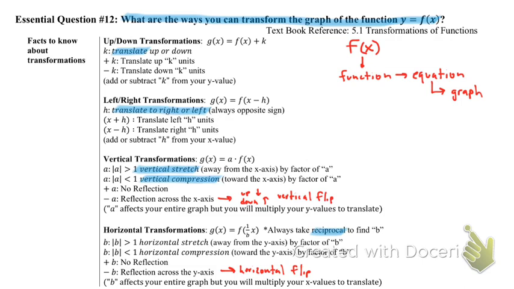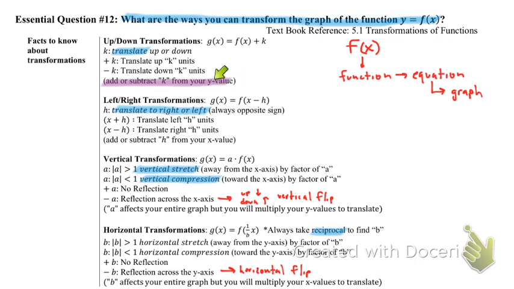So now that I kind of just went over briefly what k, h, a, and b do, how do we use it mathematically? So what I'm going to highlight in purple is how we use it mathematically. The k value will add or subtract from your y value.